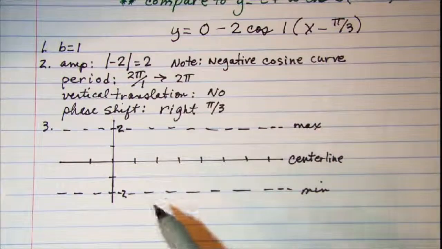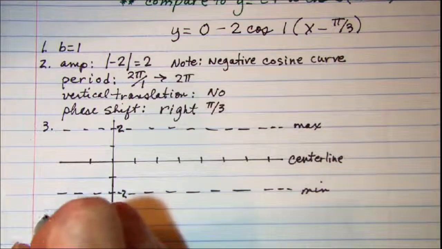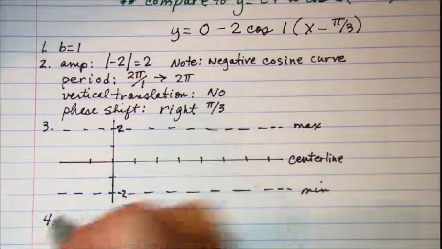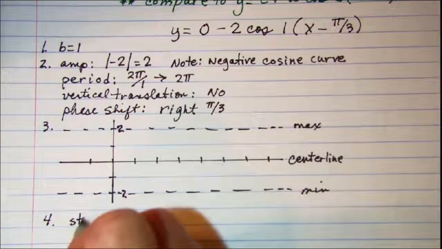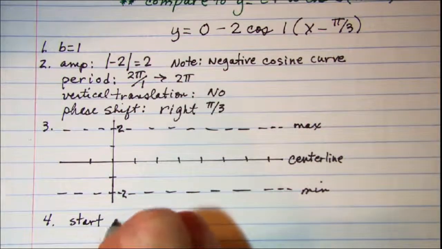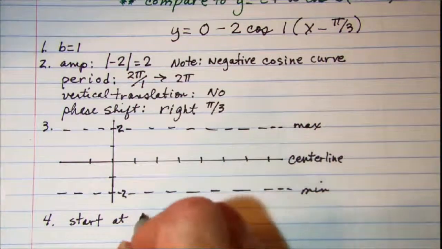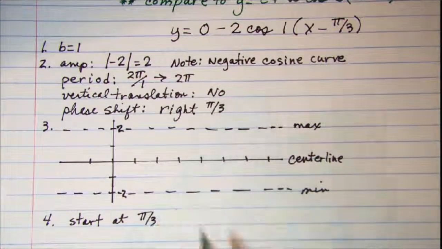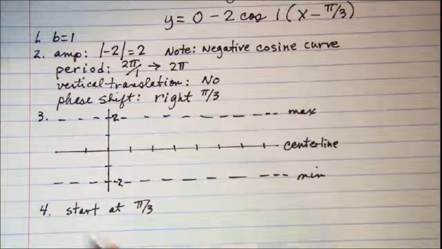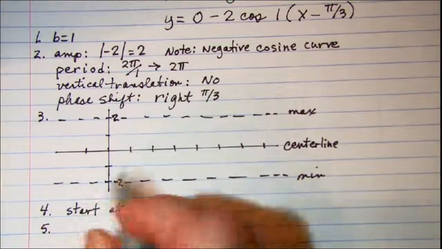Our next step is to find the beginning x value. So we'll start at a positive pi over 3. And then we want to divide the period into 4 equal parts.